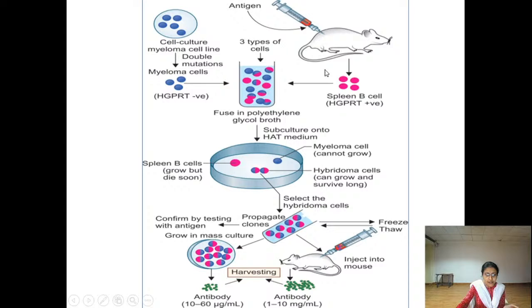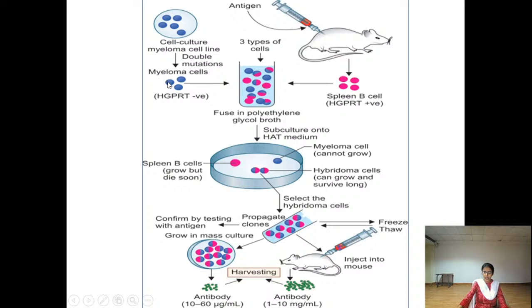After an interval, the mouse splenic B cells are obtained, which contain a mixture of B cells activated against the epitope of the antigen injected. Myeloma cells are immortal, cancerous plasma cells which closely resemble mouse B cells, so they are compatible for fusion.